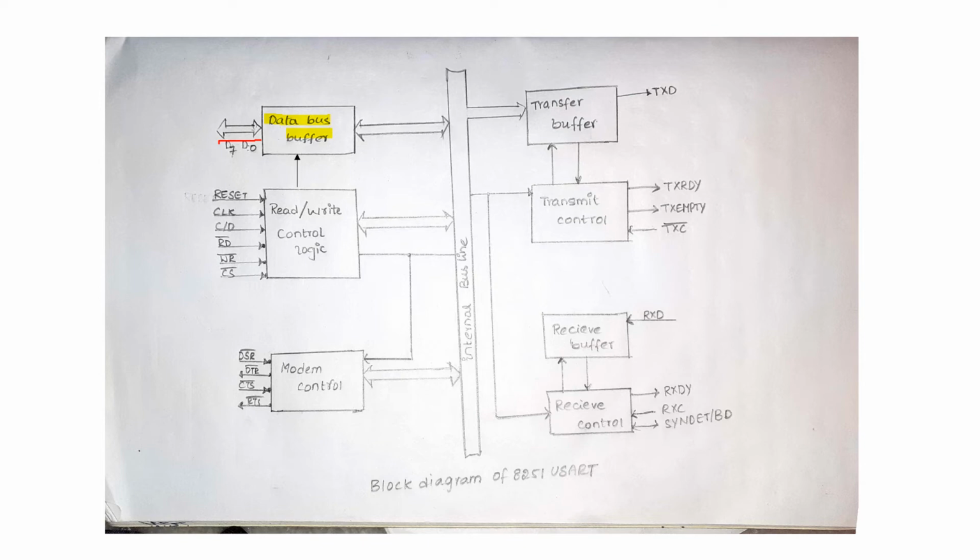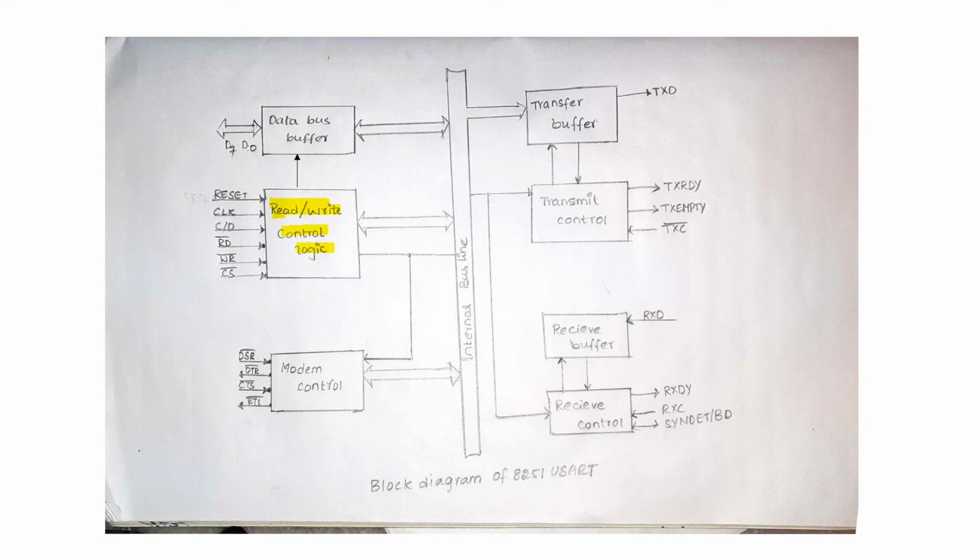The processor sends commands or data depending upon the signal called C/D bar. This is the control/data signal. If it is 1, the data bus supplies status to the processor or commands to the processor. If it is 0, the data bus will supply data to the data bus buffer.